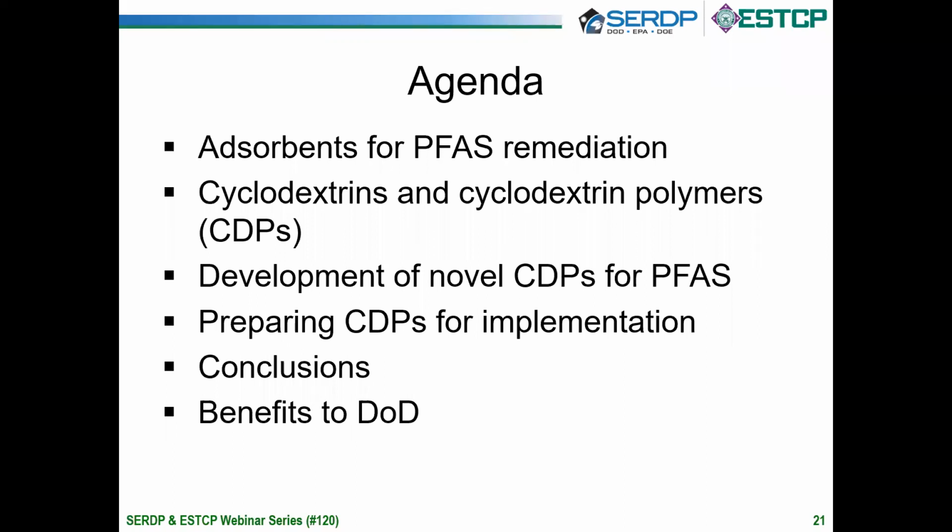I will then tell you how we have directed the development of cyclodextrin polymers to impart affinity for different types of PFAS, and how we are now, in collaboration with CycloPure, pushing the development of cyclodextrin polymers towards implementation in remediation systems. I will end with a summary and some conclusions, along with some statements on how our project explicitly benefits the Department of Defense.